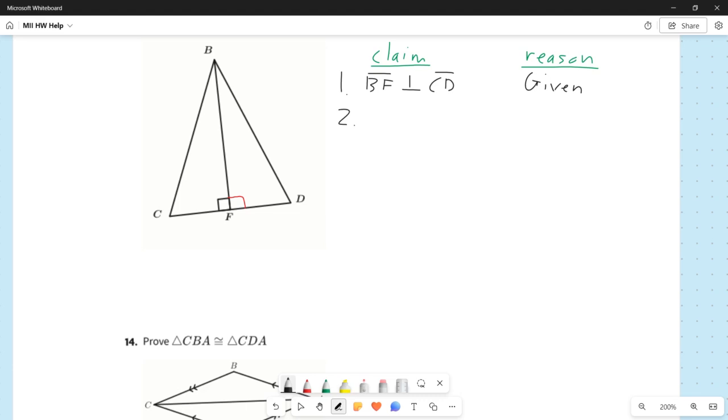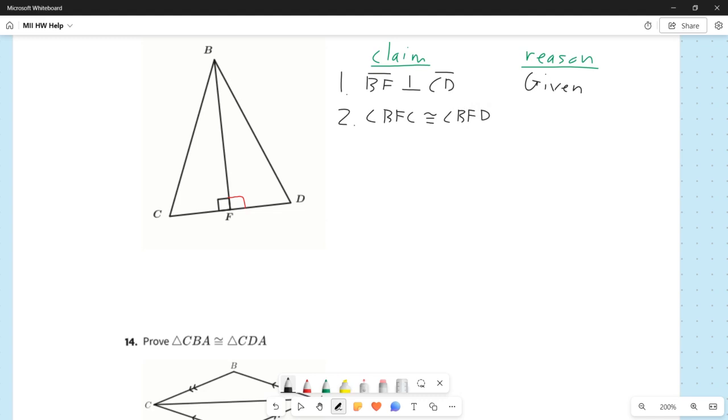But whether you do that or not, the next thing that we can say is that all right angles have a measure of 90 degrees. So they're all congruent. Because if two angles have the same measure, they are congruent. That's the only thing that needs to be true for congruent angles. So because angles BFC and BFD are both right angles, that tells us that angle BFC is congruent to angle BFD.